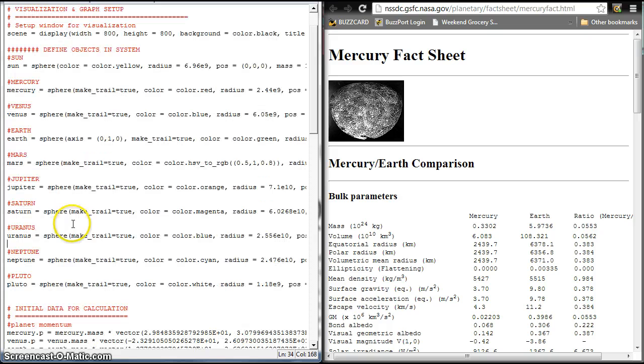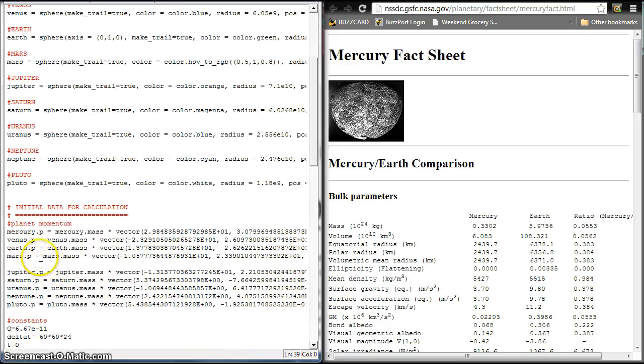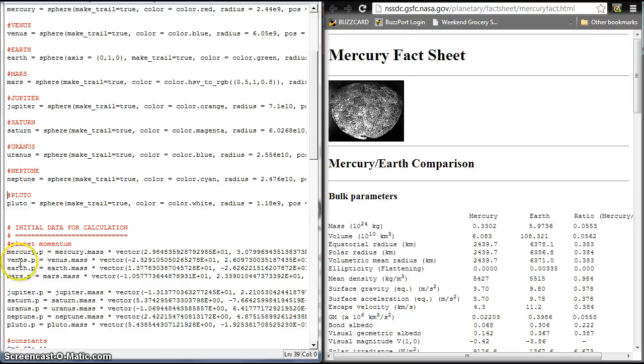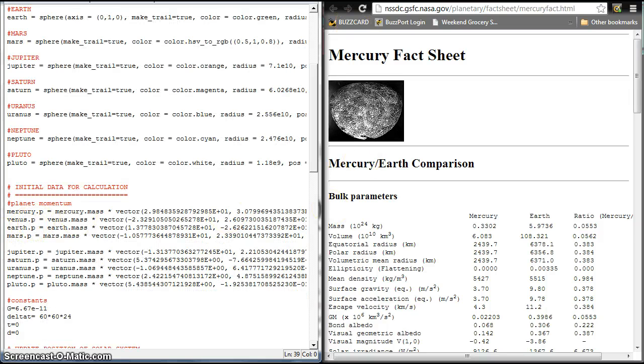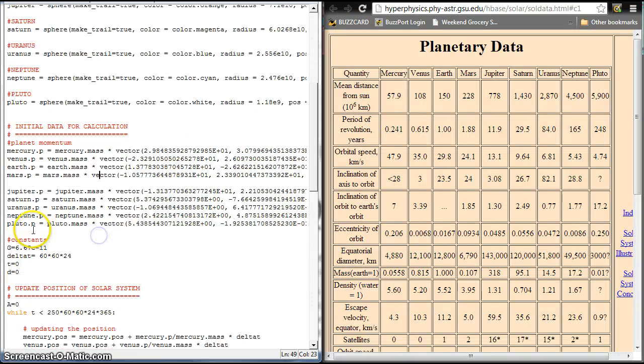And then with that, I used fundamental physics principles such as momentum equals mass times the velocity. Now this velocity was given by the NASA information at a specific time, so it's not the average velocity.